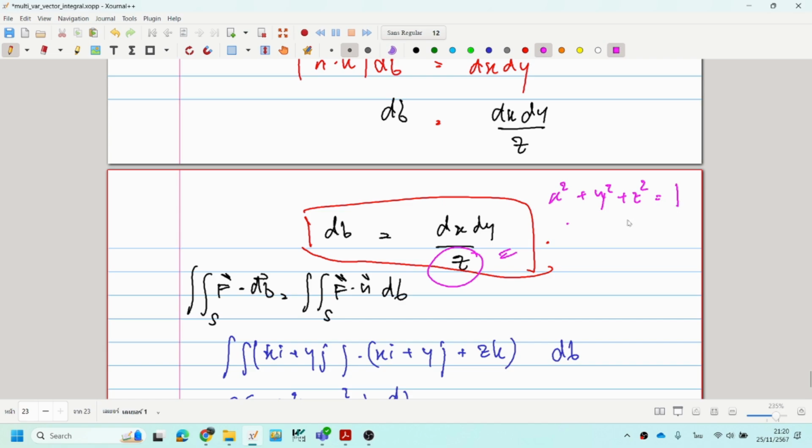Okay, move to the other side. 1 minus x square plus y square, right? Okay, and equal z and c square, and c equal 1 minus x square plus y square, and take square root on the right side.